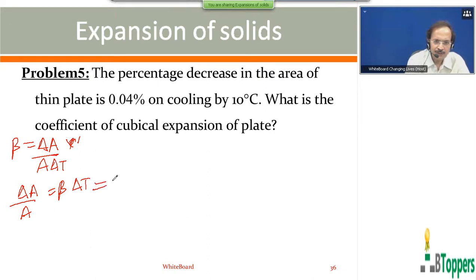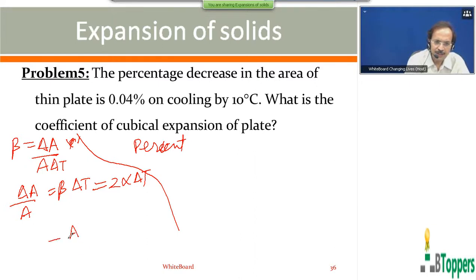Beta can nearly be taken as equal to 2 alpha. So percentage change, delta A is the change in the area.